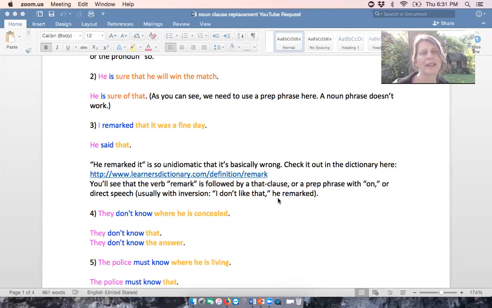So to say something, you could also say he said that it was a nice day. He said, it's a nice day. But you can also say he said that. Okay, again, look up say and remark in Merriam-Webster's Learner's Dictionary, for instance, and I'm not getting paid to say that, and see what kind of example sentences they provide.